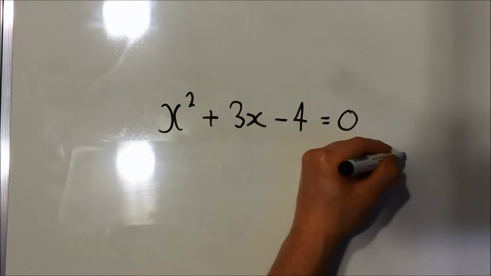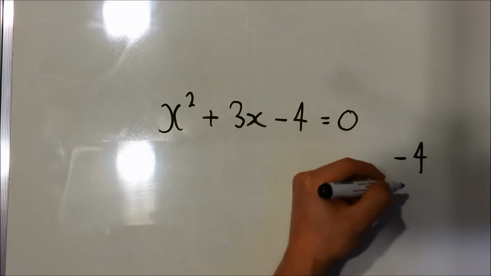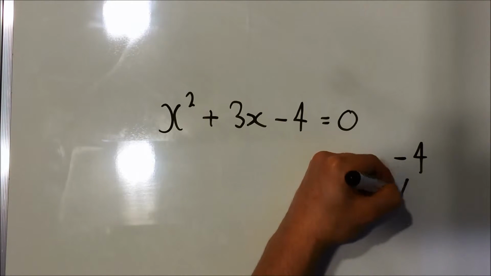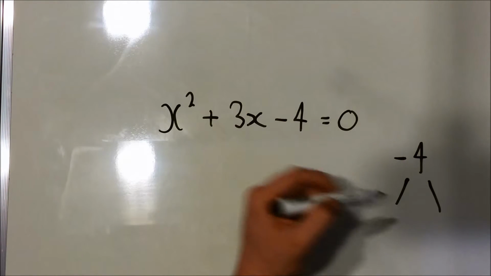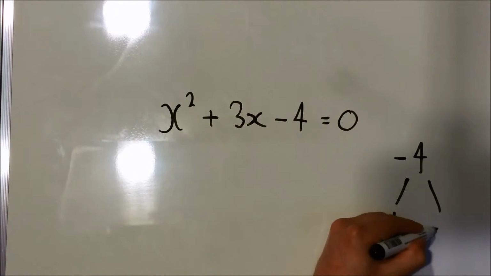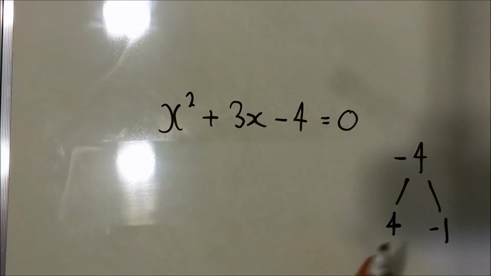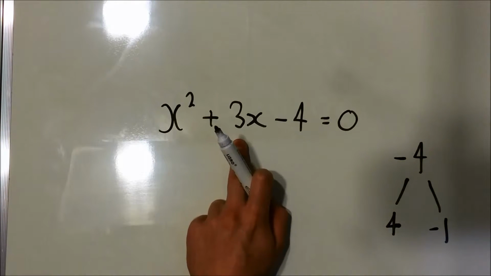So you've got 1 times minus 4, which is minus 4. What times together to get minus 4 but adds together to get 3? 4 and minus 1. If you times 4 and minus 1, you get minus 4. If you add 4 and minus 1, you get 3.